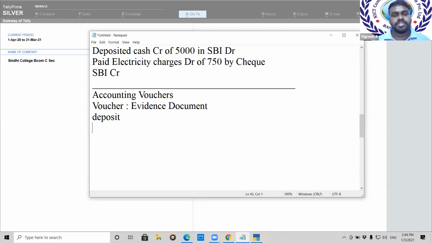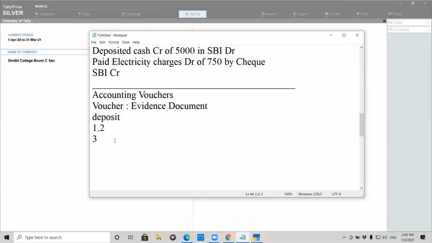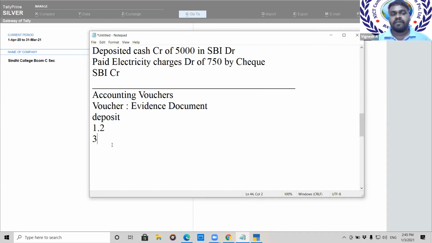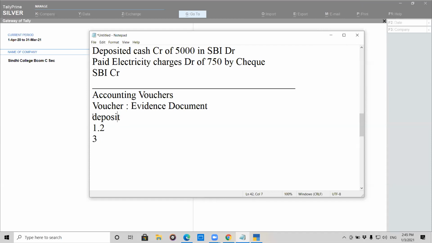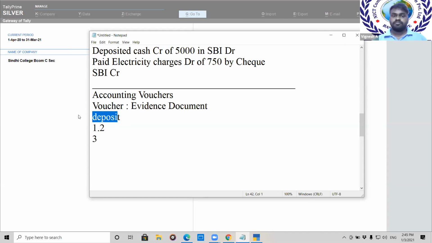The vouchers will have numbers: voucher number 1, voucher number 2, voucher number 3, and so on. I will have a record in my books of voucher number 3 as this transaction. That is the evidence that I have done a deposit. In that voucher, I'll mention the challan number also, so that the transaction is valid. If there is no voucher, the transaction is not valid for any of your reports.